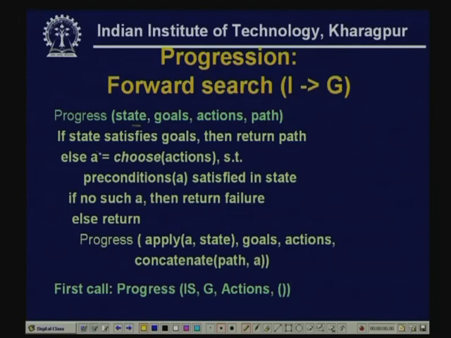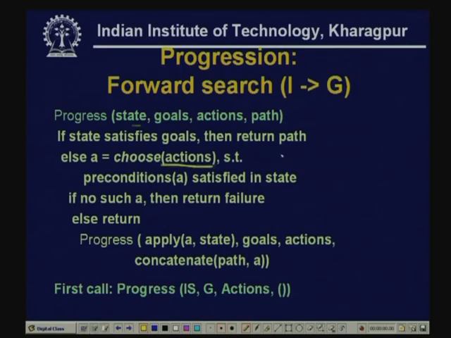So, if the current state satisfies the goals, then we return the path. Otherwise, we choose from the actions those actions such that preconditions of A is satisfied in the current state. So, actions is the set of all actions.